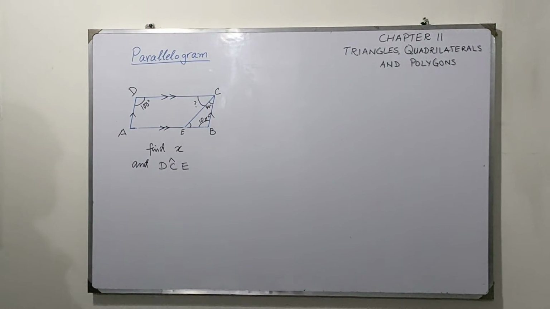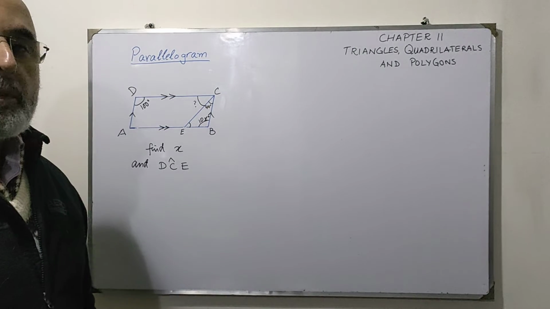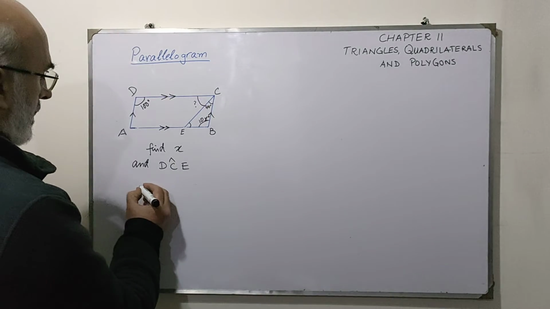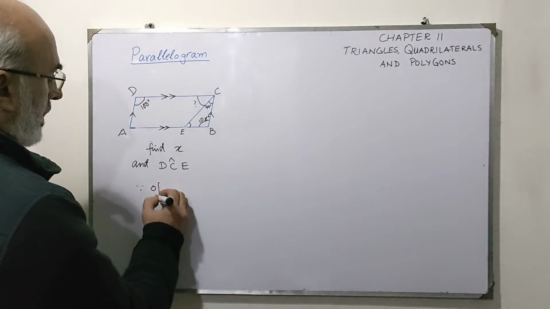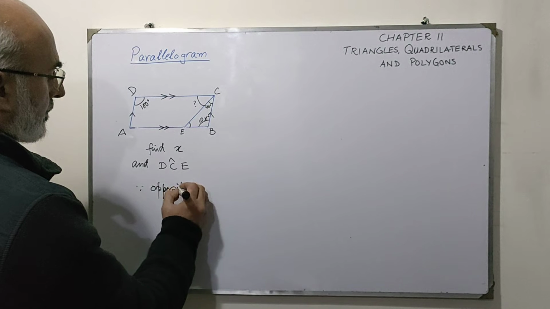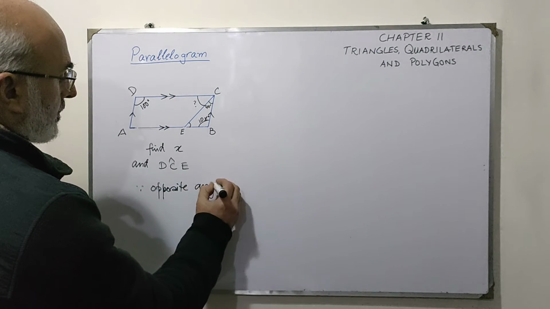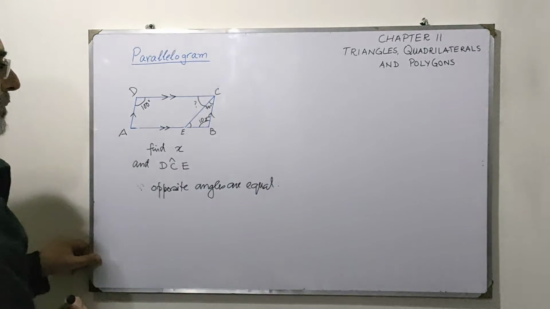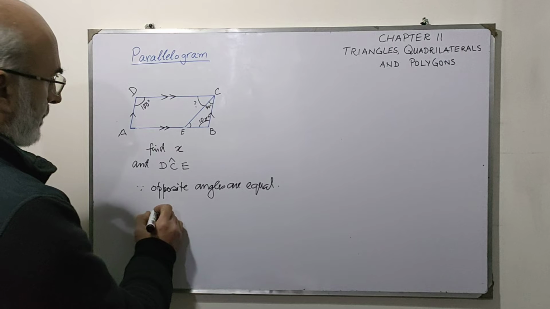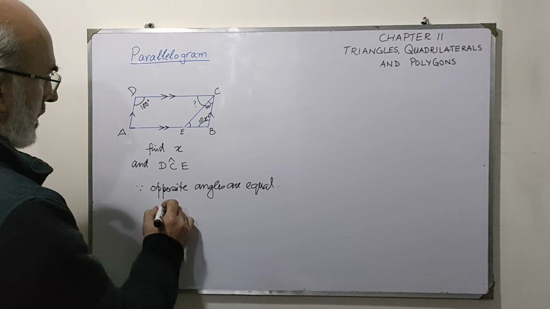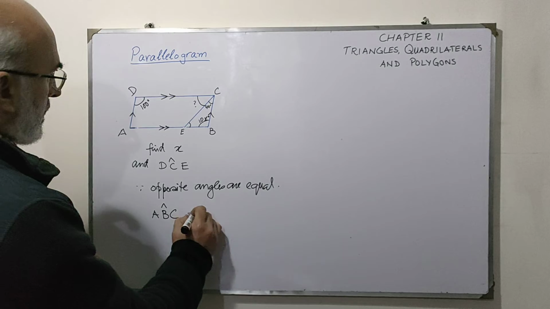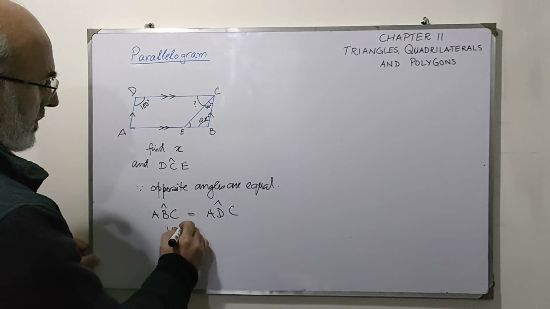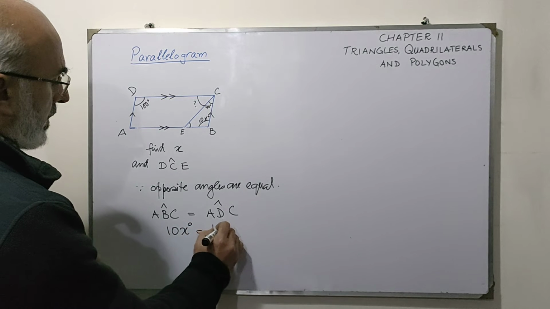So what we are going to do, if we remember, there is a property of a parallelogram that the opposite angles are equal. Since opposite angles are equal, it means that angle ABC is equal to angle ADC, which is 10x is equal to 100.